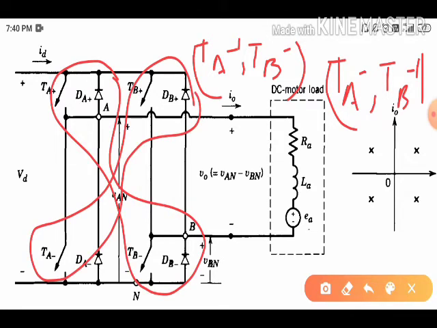These switching pairs are not simultaneously on or off together. They switch one at a time, and at any time one switching pair is always on. Switching signals are generated by comparing a switching frequency triangular waveform, V triangle, with the control voltage, V control.